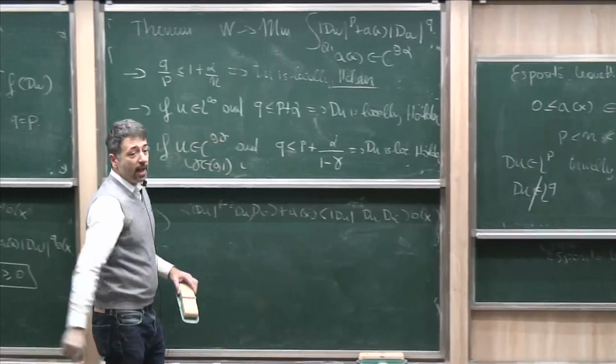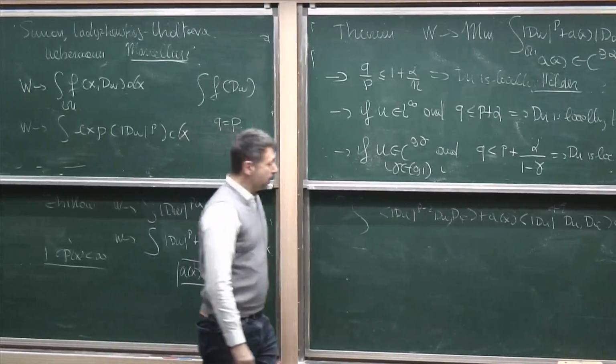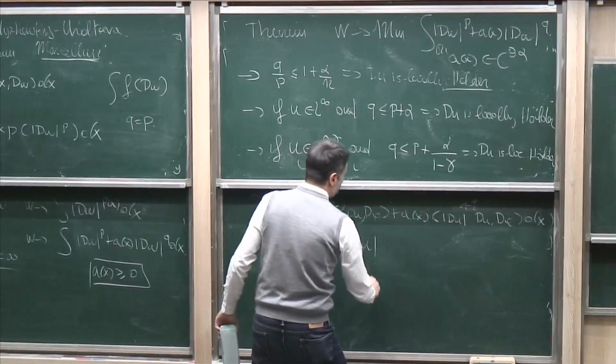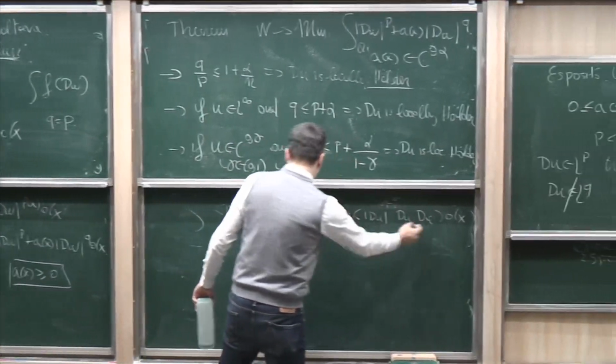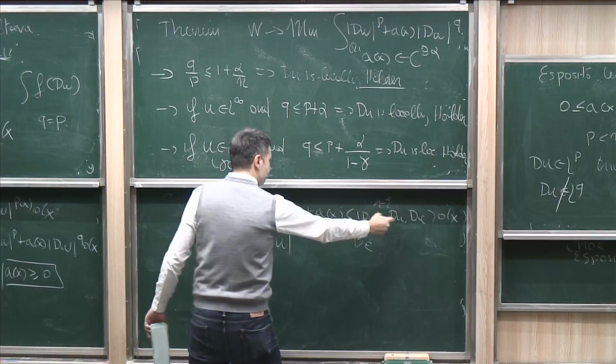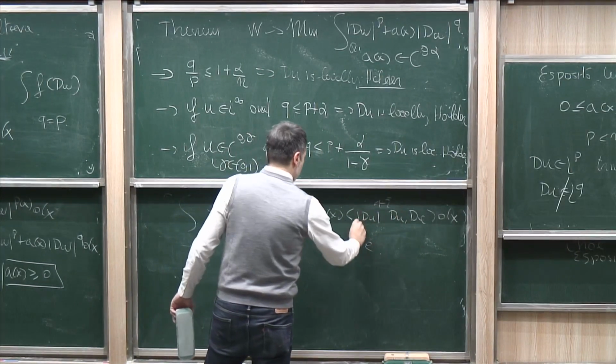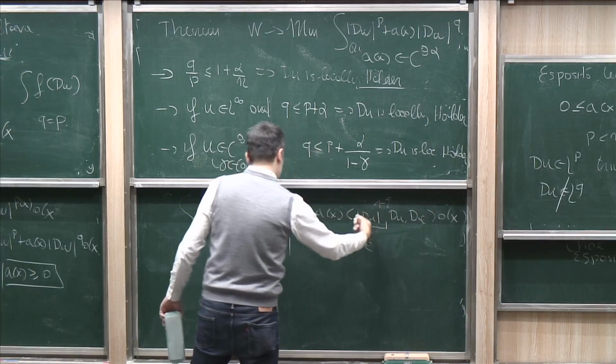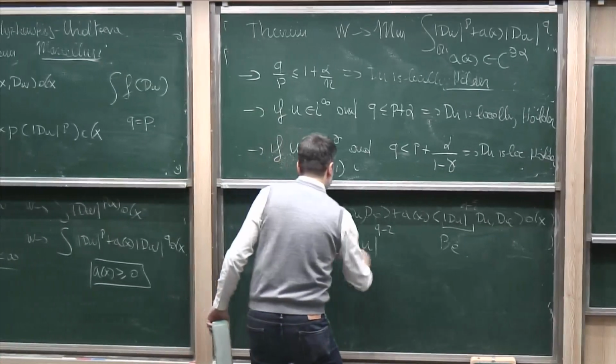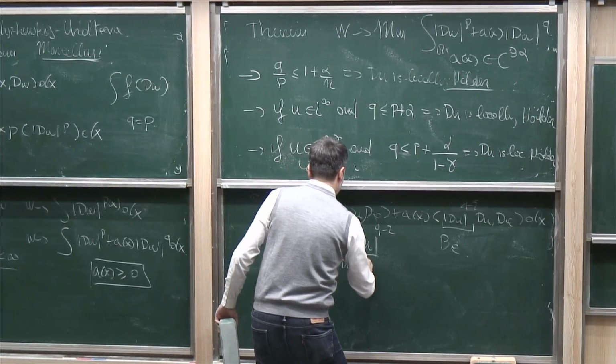What's the ratio between the highest and the lowest eigenvalue? The upper eigenvalue in a small ball is q minus 2, because that's the Laplacian and that's the eigenvalue a of x. The lowest one is due to the p minus 2.